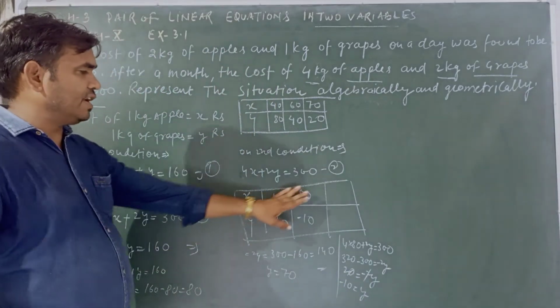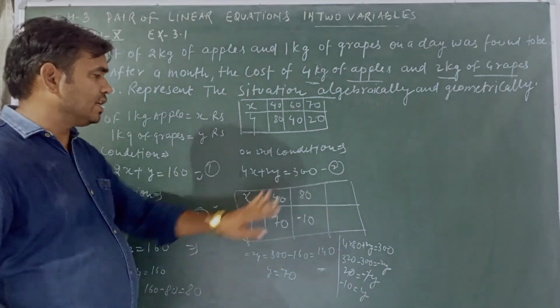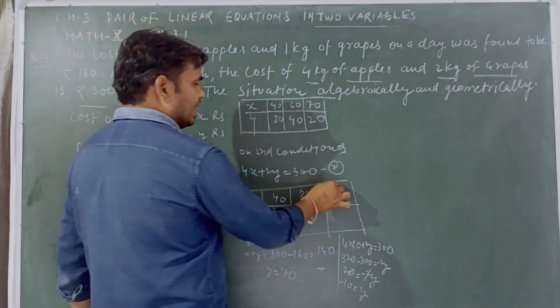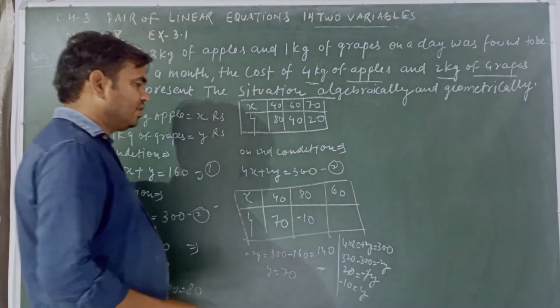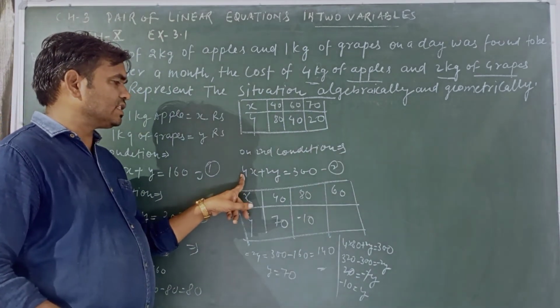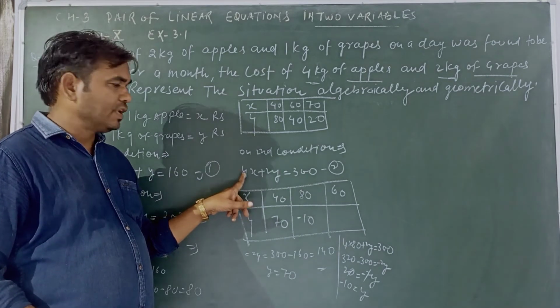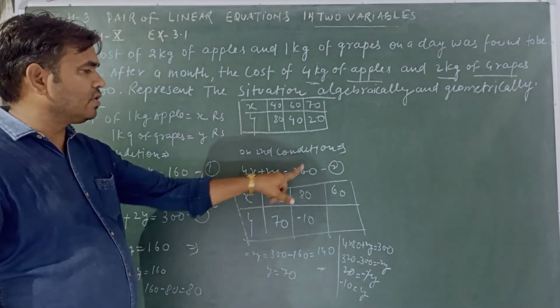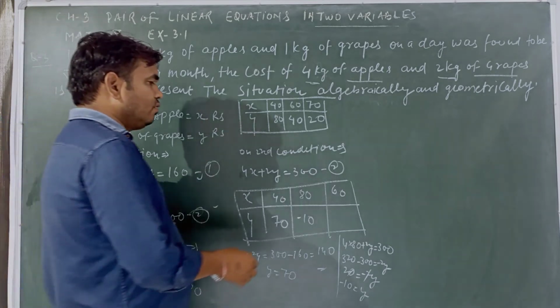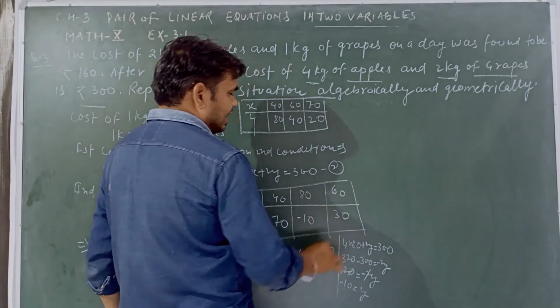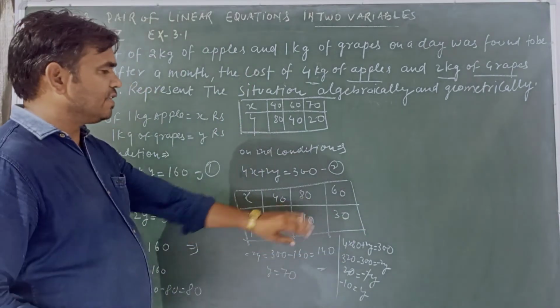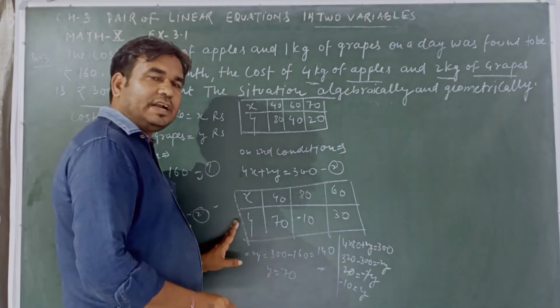In the same way you can write any others. For x equal to 60, 6 multiplied by 4 is 240, and 240 plus 2y equal to 300, so 2y equal to 60. So y equal to 30 we get here. So these are the values we found.